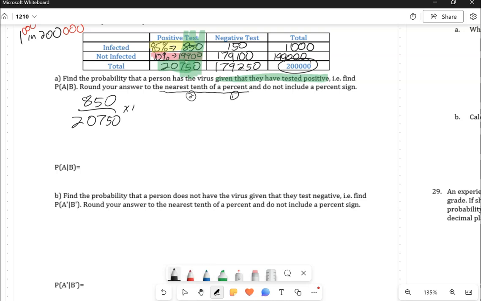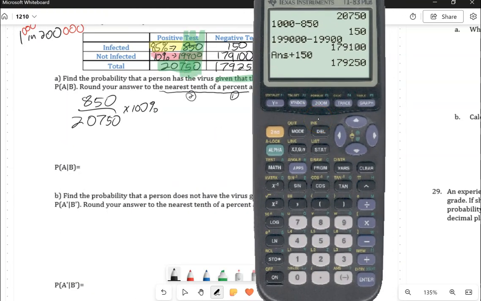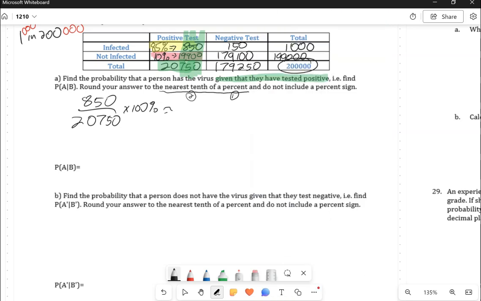So let me just times by 100%. Write that in right away. 850 divided by 20,750 times 100. 4.096. That's what we round. Tenth of a percent, 4.1%.